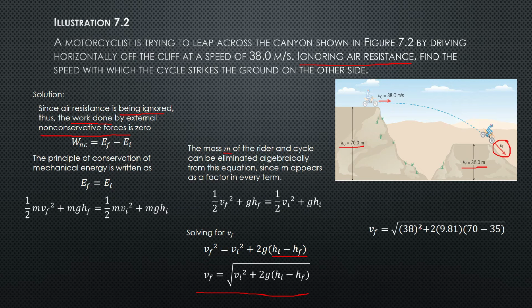So 38 squared plus 2 times 9.81 times 70 minus 35, and using your calculator you'll have a final speed of 46.16 meters per second. So that is the speed of this motorcyclist upon striking the ground on the other side.